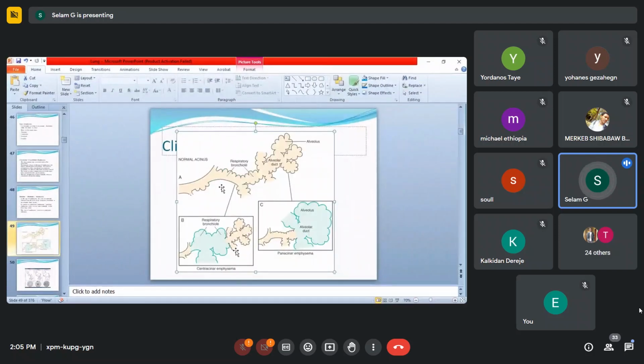This is the normal alveolar structure. You see it is composed of respiratory bronchioles, alveolar duct, and alveolus. When we talk about centriacinar emphysema, the dilatation occurs in the respiratory bronchioles, while in panacinar, you see dilatation in the alveolar duct as well as the alveoli, and even some degree in the respiratory bronchioles.